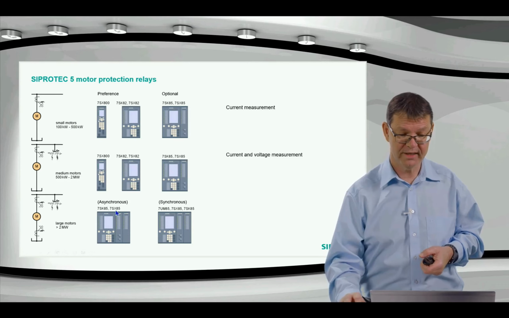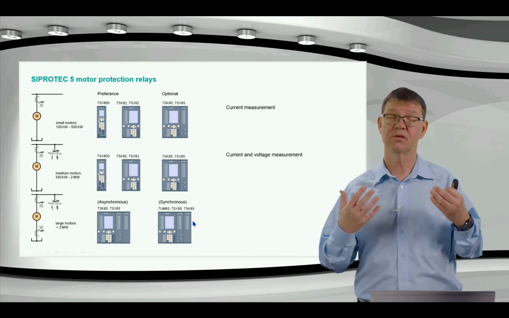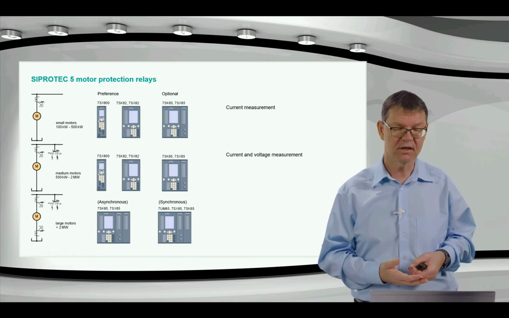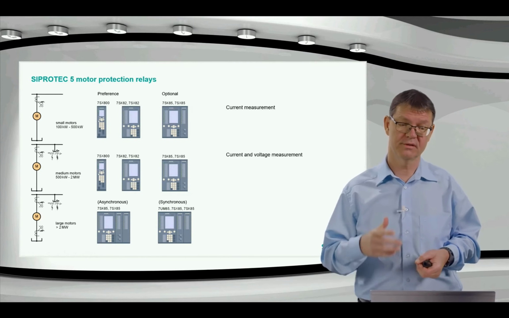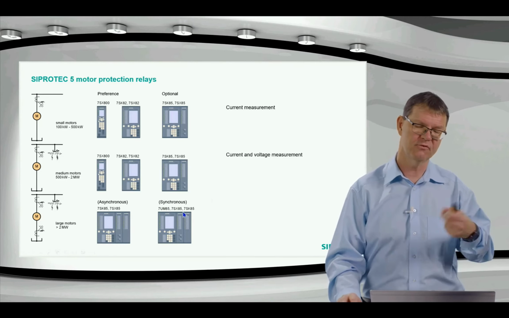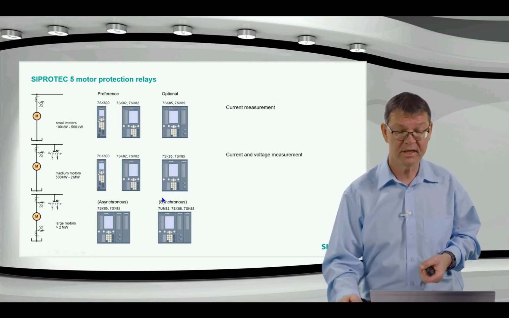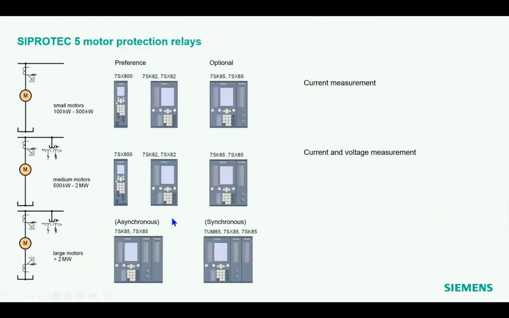Meanwhile, and therefore we added here also the other devices, we have these functions also available in the 7SK85. The rotor ground fault is missing there still, but in the 7SX85 I can have the same functional setup as the 7UM85. So also for the synchronous motors, we can choose one of these device types, and basically you're free to select what you want.